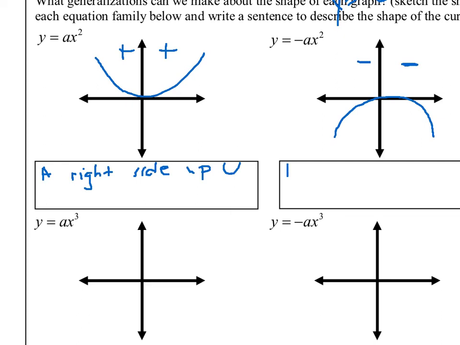So that would be an upside down U. One difference that you need to know is this is not a V. We talked about this before. It makes a nice curved shape. If you have it coming in at a point, that's a completely different equation that you'll learn about next year.